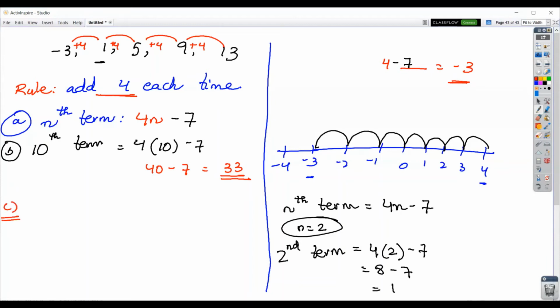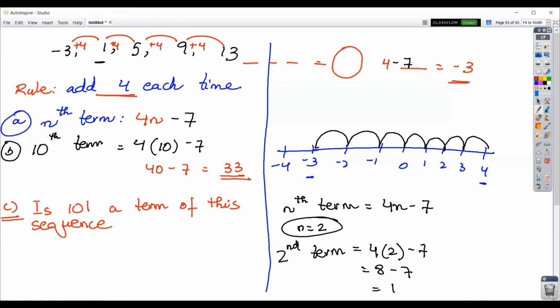Now, another possible question could be, they give you a number, for example, they ask you, is 101 a term of the sequence? All right. So we have the sequence minus 3, 1, 5, 9, 13, and it will continue. They are asking, would 101 be part of this sequence or not?